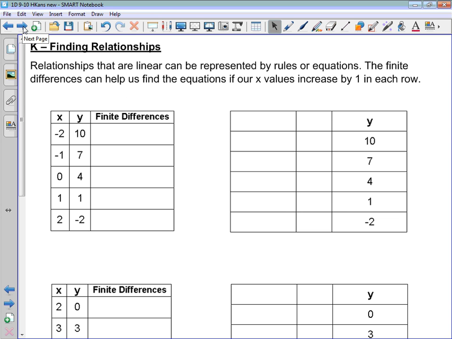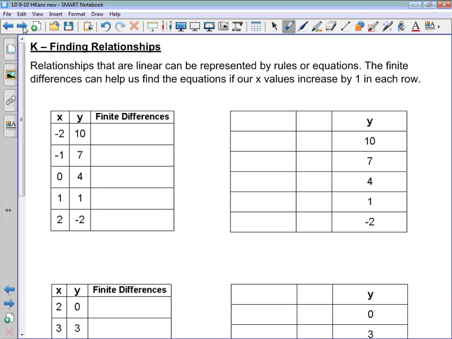So, just to start us off here, relationships that are linear can be represented by rules or by equations. The finite differences can help us find the equations if our x values increase by 1 in each row. Okay? So this is a table like we saw back in Box H, where we've got x and we've got y, and we want to calculate our finite differences.